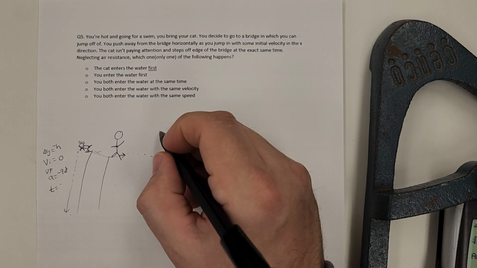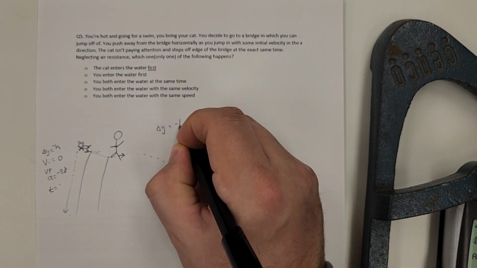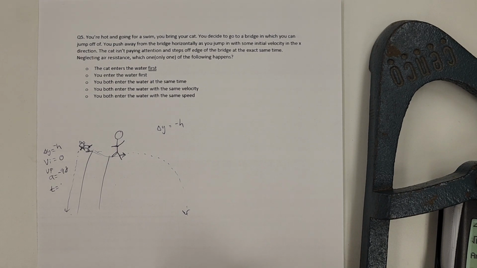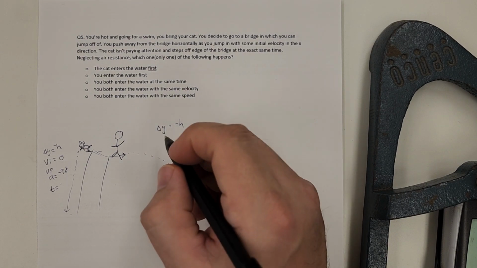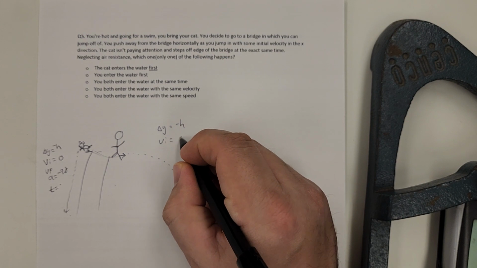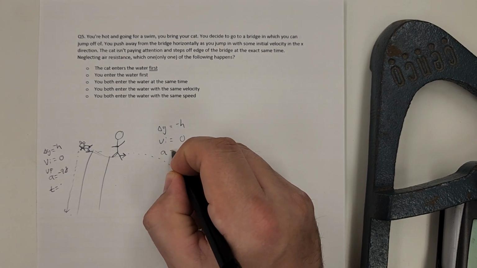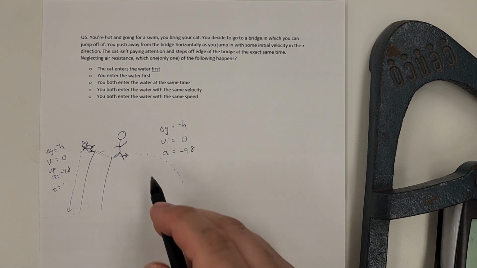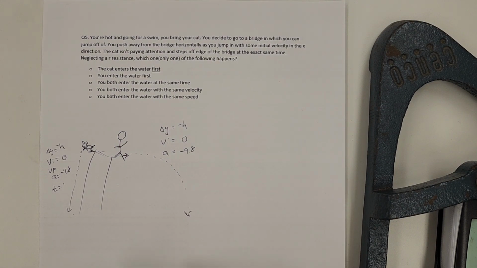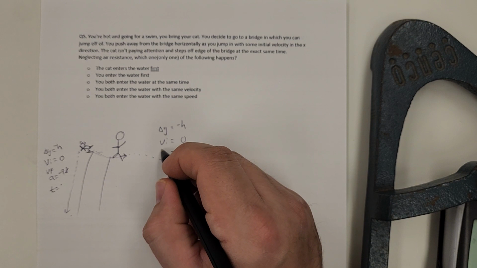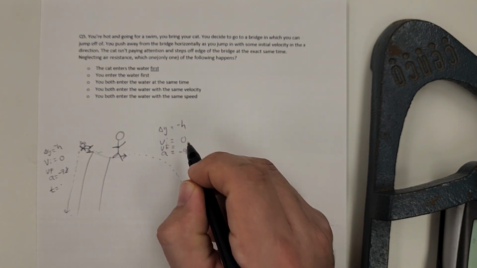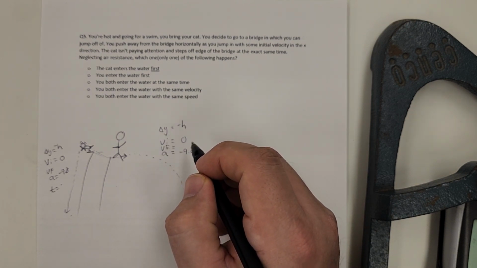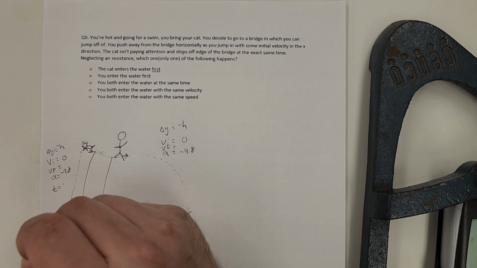Okay. If we do one over here for you, the person, you also travel a distance negative h in the y direction only. Your initial velocity in the y direction is 0. Your acceleration is also negative 9.8 because you're traveling with gravity pulling you down the same. Final velocity on this is definitely not 0. Same on this one, definitely not 0.